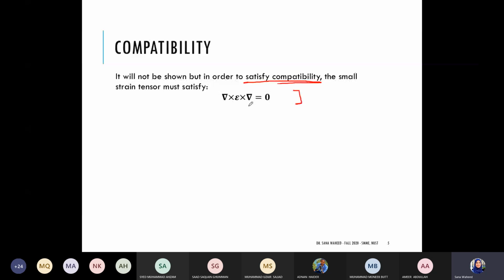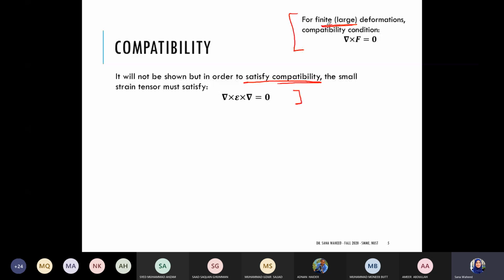Just also a side note, this is the compatibility equation or condition for the small strain tensor. For the Green strain tensor or for the large strain tensor, the compatibility condition is actually written out a little simpler. When we have large deformations, then the compatibility condition is in terms of the deformation gradient itself.